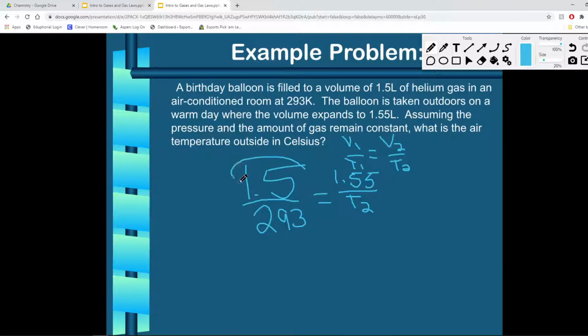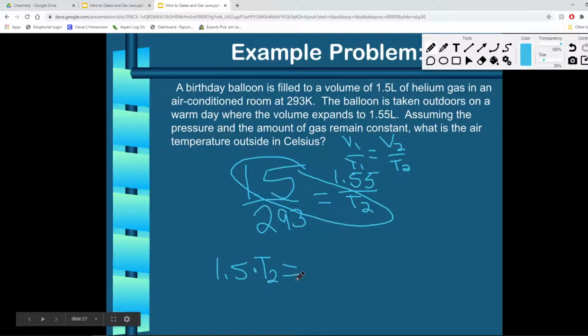But if you're not comfortable doing that, you can do it the other way as well. So here, if we do the cross multiplication, we're going to do 1.5 times T2. And we're going to say that is equal to our 1.55 times 293.